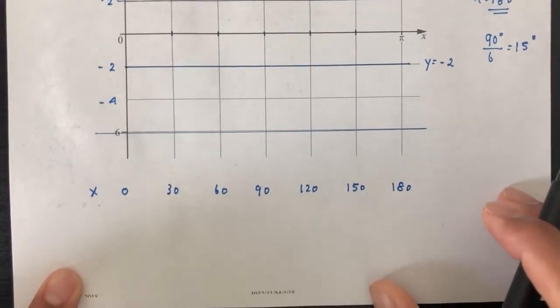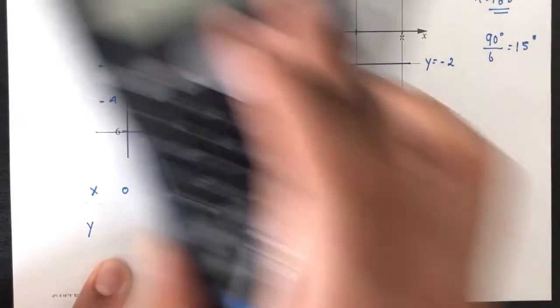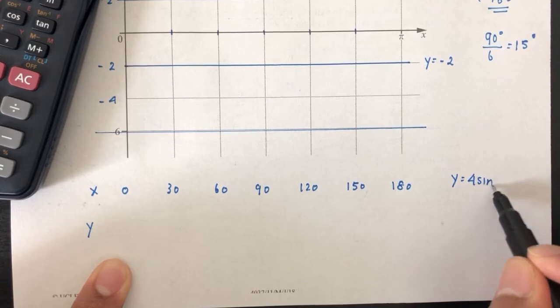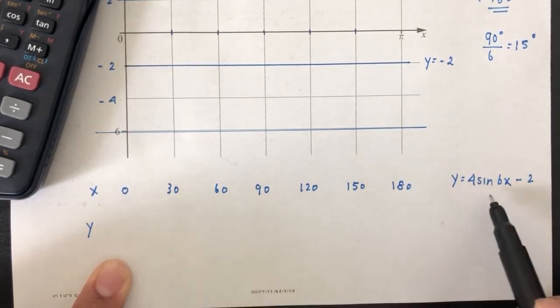Let's find the corresponding value of y. For x equal to 0, the equation is y equal to 4 sine 6x minus 2. If this is 0, this will be 0.